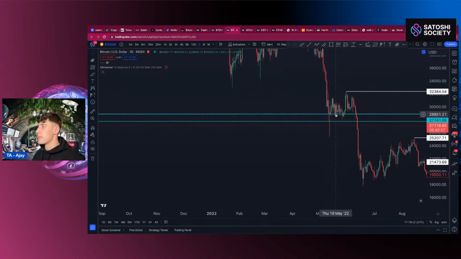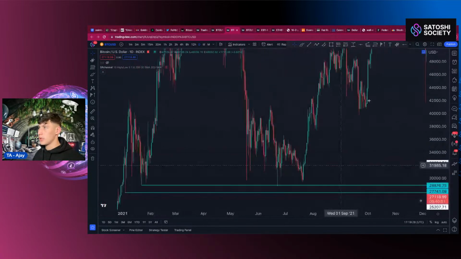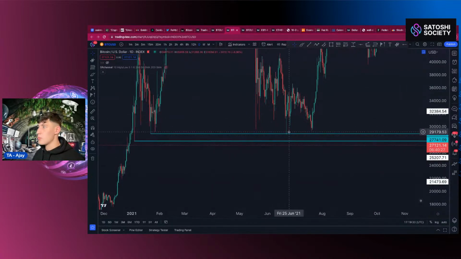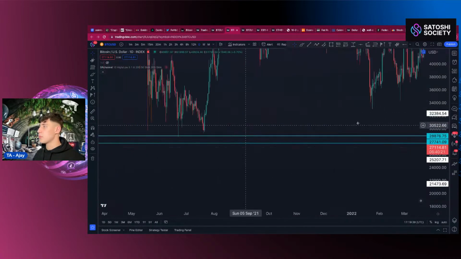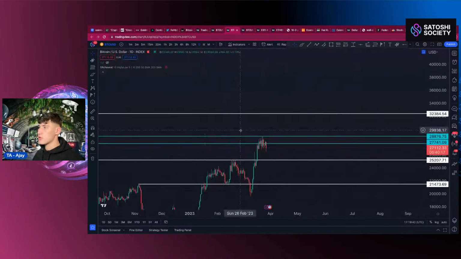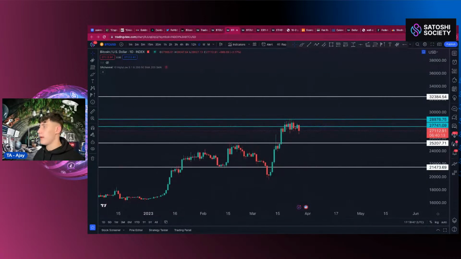We've used it as major support here before this big capitulation event in the bull market, and this has been a big factor in the bull market. We've used it as major support after a break towards the upside, and major support after this big pullback here. Now we're coming into it as resistance, so it's going to act as major resistance. So we have to be aware of that as well.